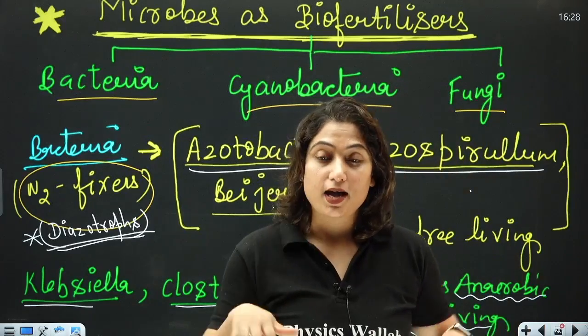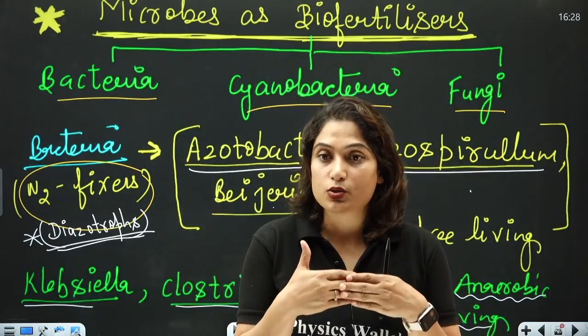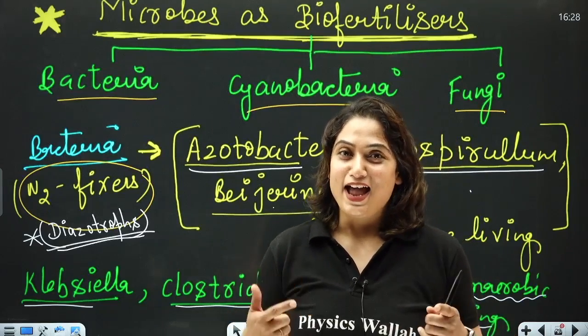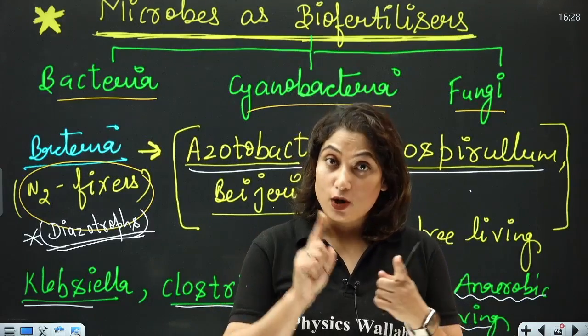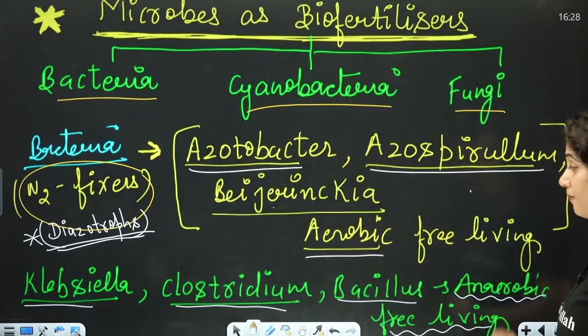These three bacteria are present in the free living condition in the soil. That means they are not associated with any plant. They convert N2 into ammonia. So they are aerobic bacteria. All three of them are aerobic bacteria.